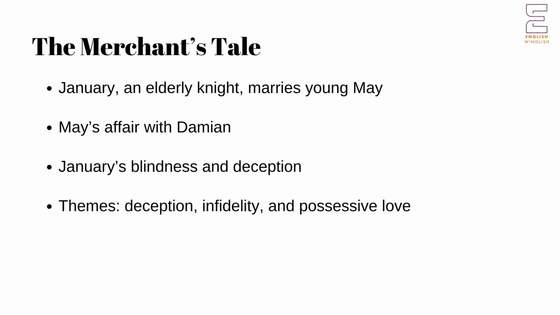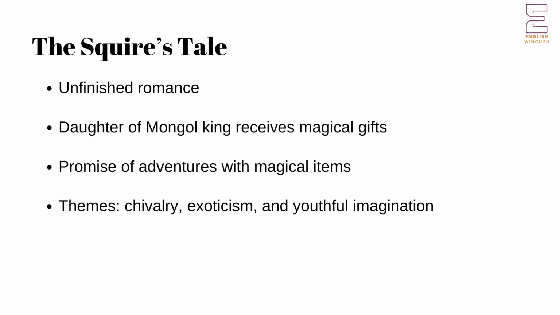The Squire's Tale. The Squire's Tale is an unfinished romance about the daughter of a Mongol king named Cambuscan. She receives magical gifts from a mysterious knight, including a brass horse that can fly, a mirror that reveals future dangers, and a ring that allows her to understand the language of birds.